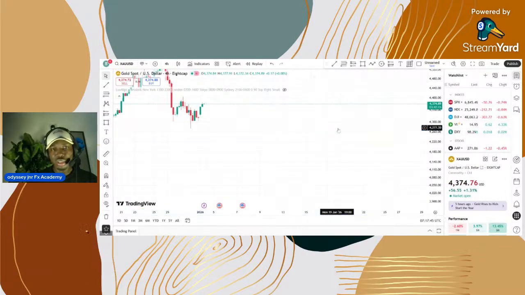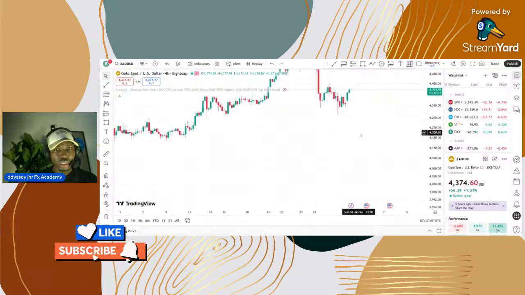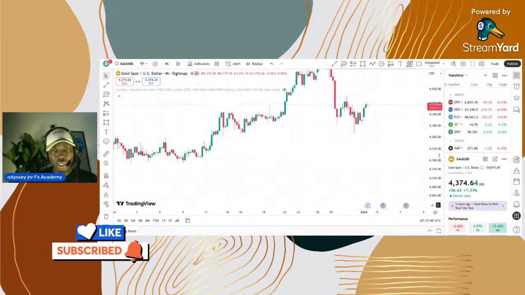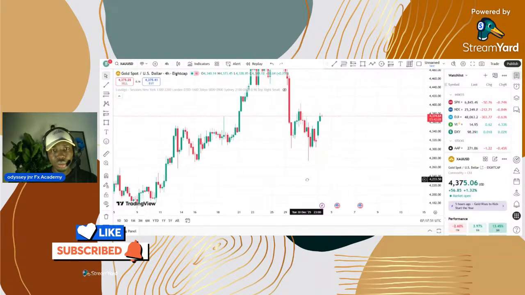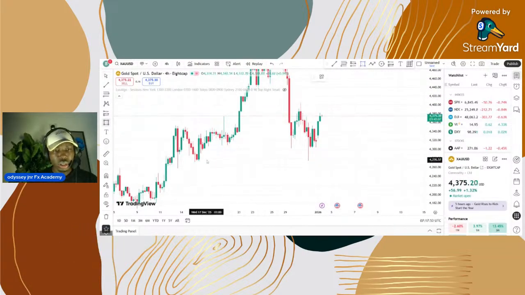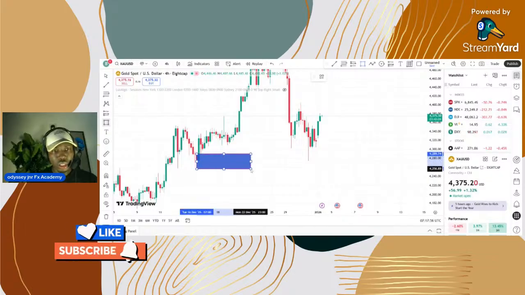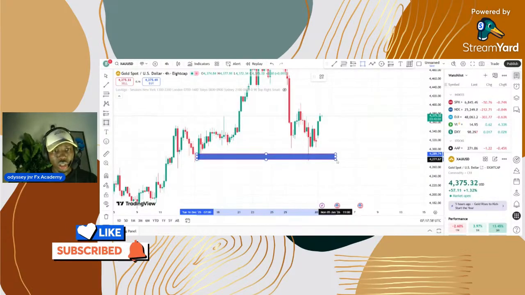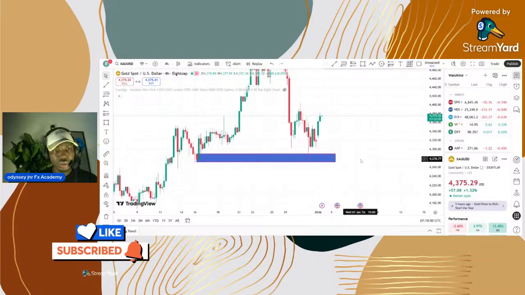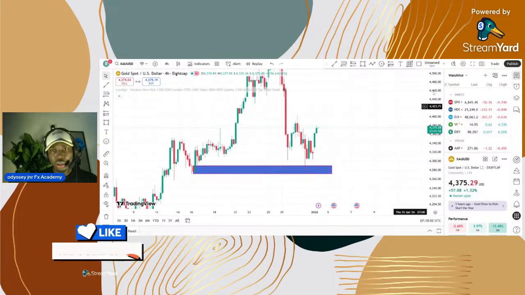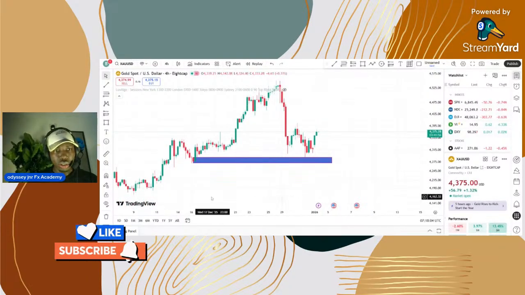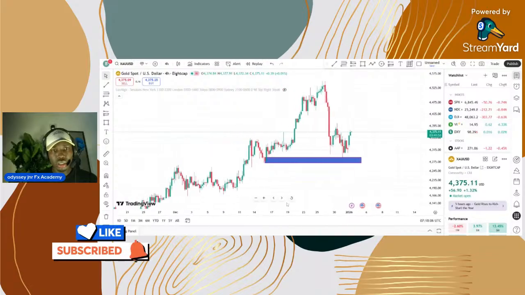Let's refine this order block. See this, this order block has been mitigated, and price is currently running with this order block side.